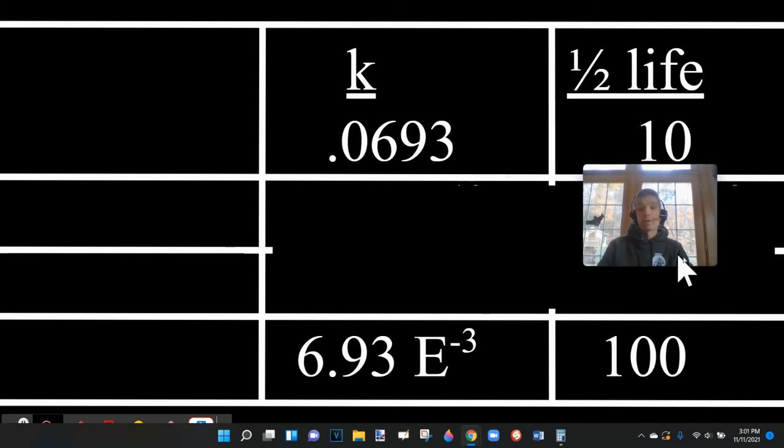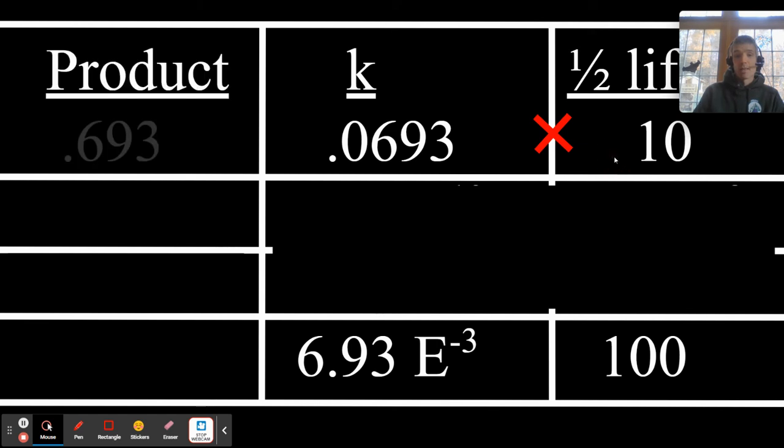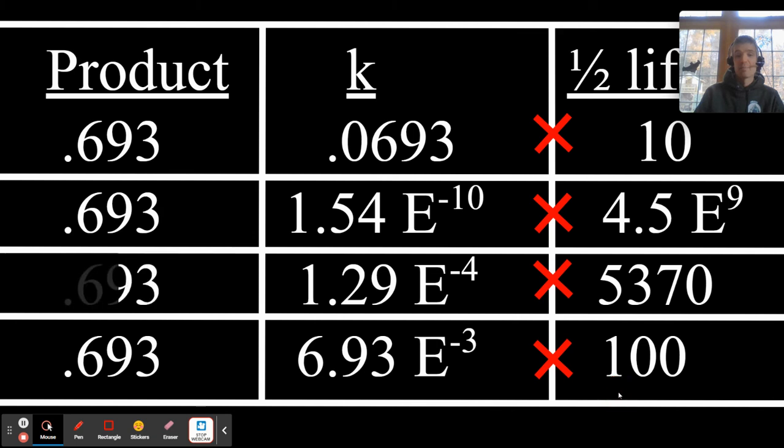Now, here's where it gets really cool. If I take these two numbers and I multiply them, I get this number, 0.693. And then if I do the same thing down here, I get the same number. What happens if I do that with these two? The same number comes up.